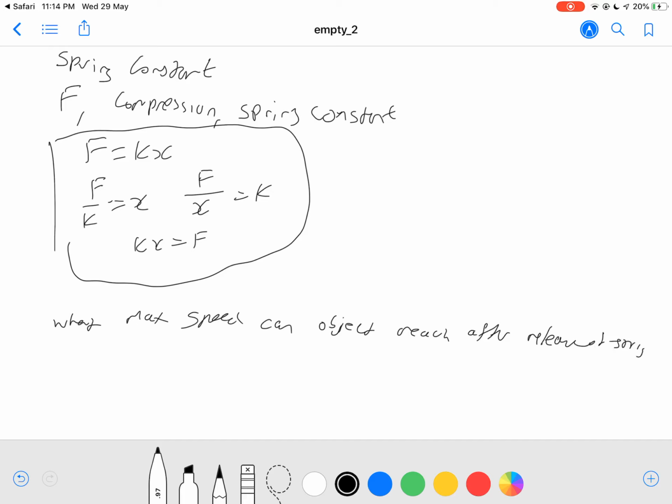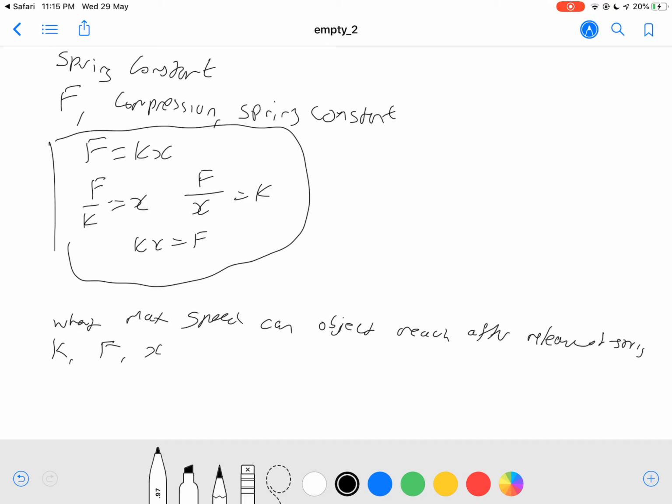They'll probably tell you the spring constant, the force, and the compression distance.